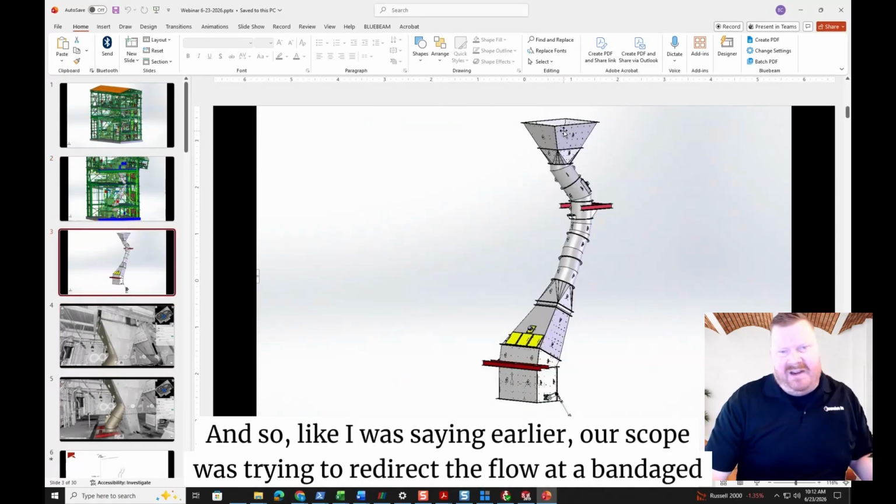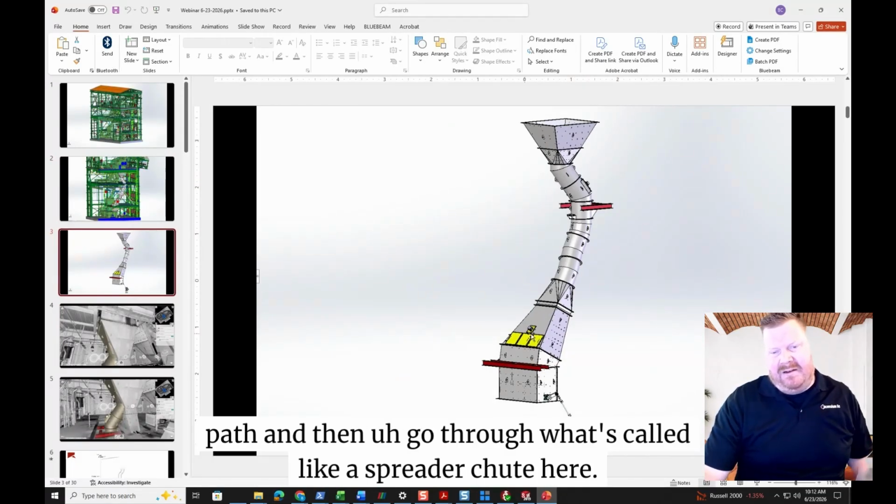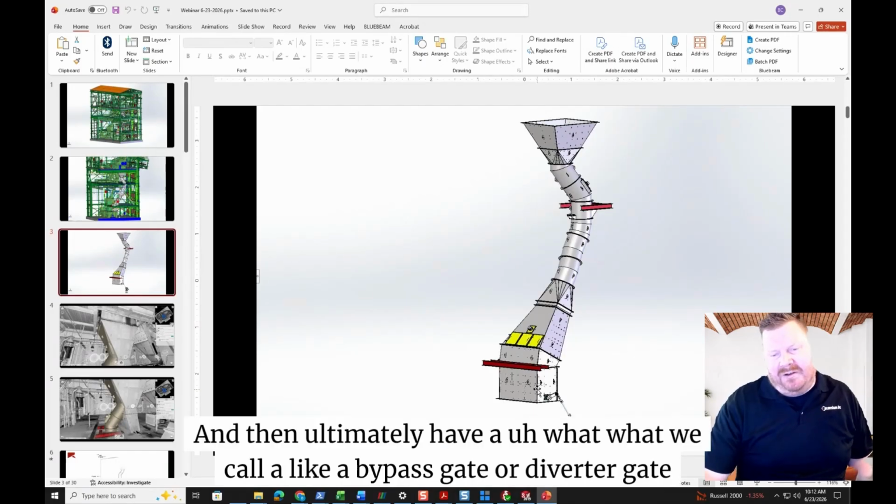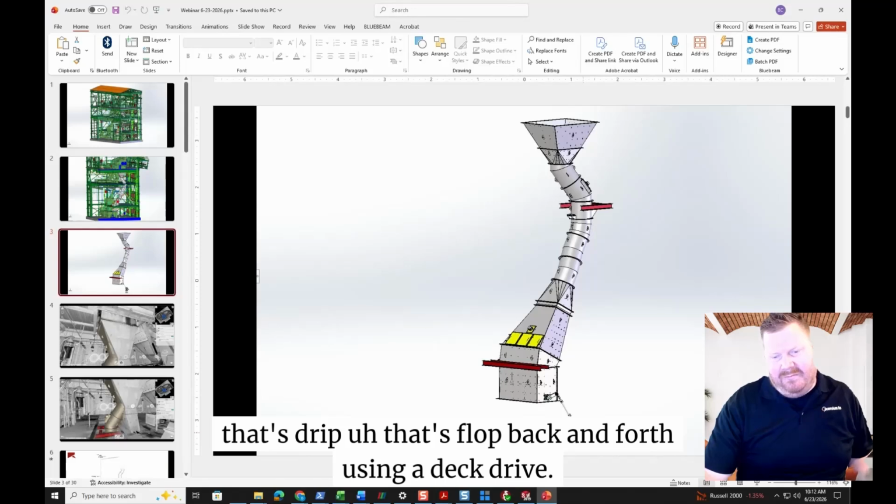And so, like I was saying earlier, our scope was trying to redirect the flow along a managed path, and then go through what's called a spreader chute here, and then ultimately have what we call a bypass gate or diverter gate that's flopped back and forth using a deck drive.